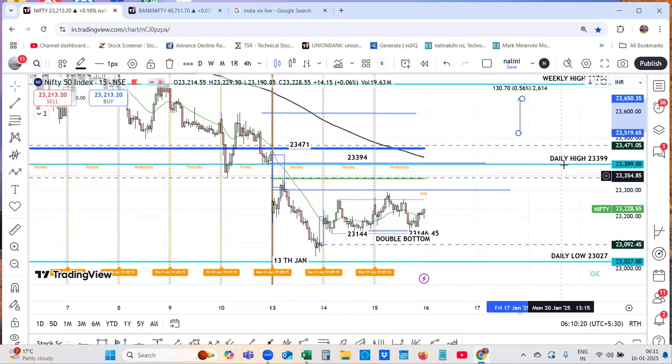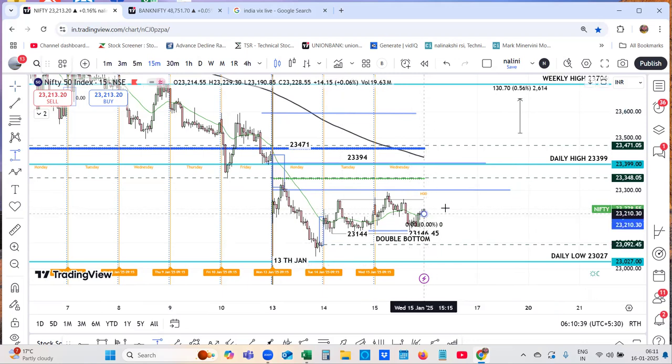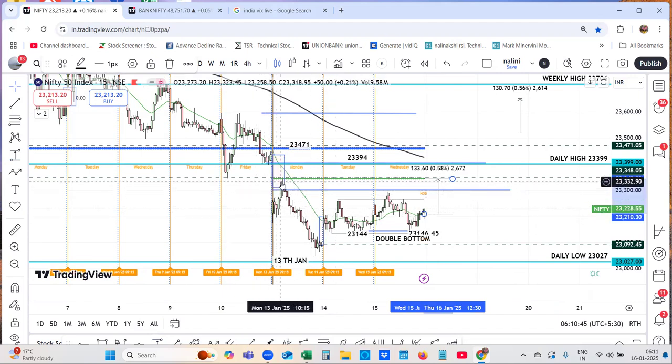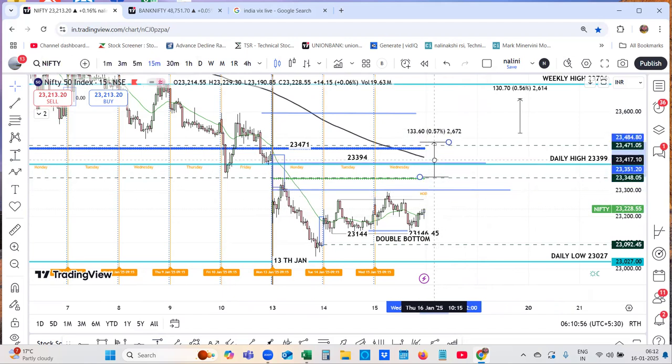Today, in the world market, Gift Nifty is showing 128 points gap up. That means if I measure this from the low of yesterday, this is exactly coming to the upper boundary of the Monday's high. Suppose if it opens gaps up, it can expand to this level, 133 points.